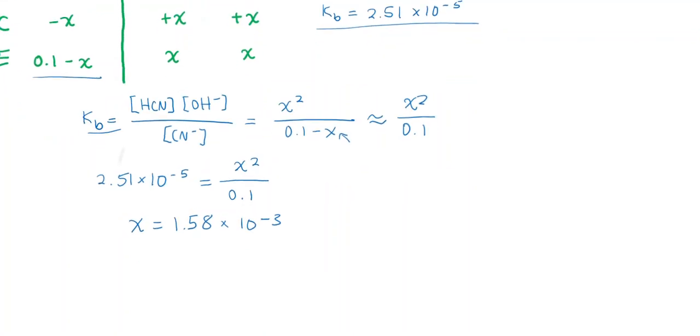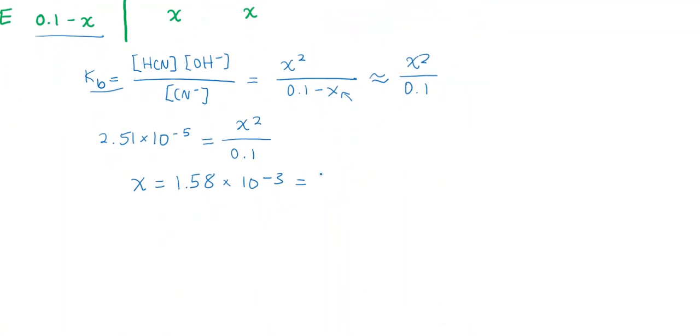And then remember that x equals OH minus. So if we have the concentration of OH minus, that means we can also find the pOH, because it's just minus log of 1.58 times 10 to the minus 3, which should give you 2.8.